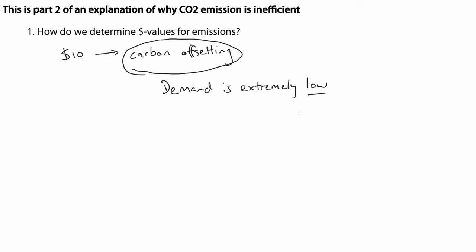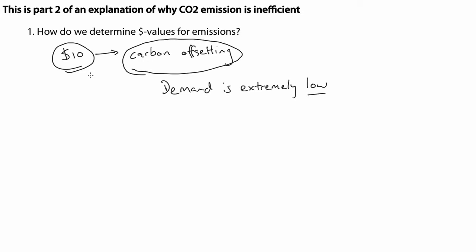Now, if the world gets very serious about taking profound measures to mitigate climate change, then there is going to be much, much more demand for carbon offsets, because these very measures are the sorts of ways that we're going to try to reduce emissions in the present. So if demand went up, you could expect that price to go up quite substantially. So there's a big caveat over that $10 price. It's subject to the amount of demand, and at the moment, demand is pretty low.